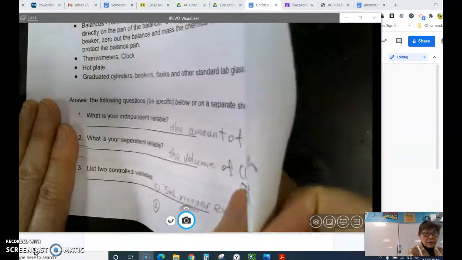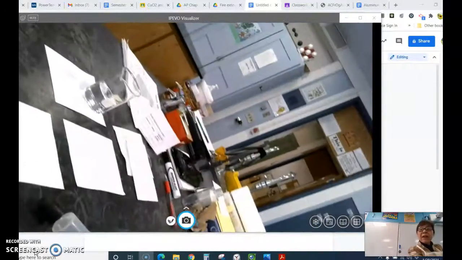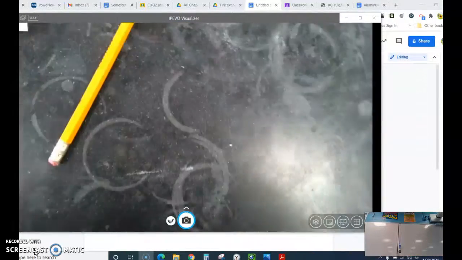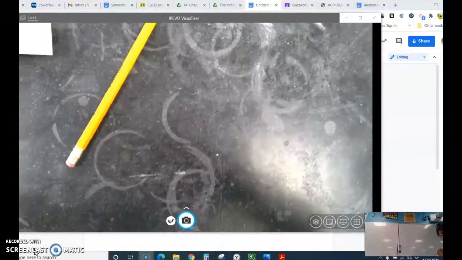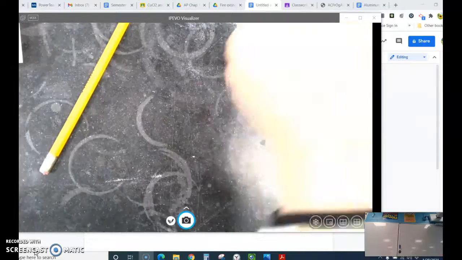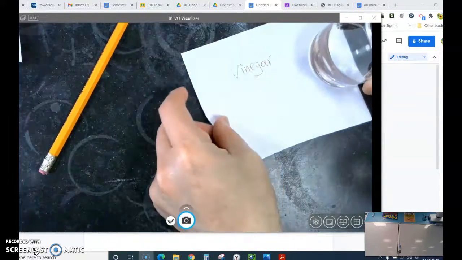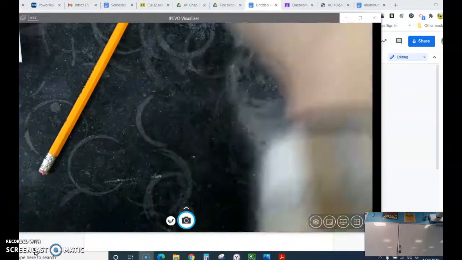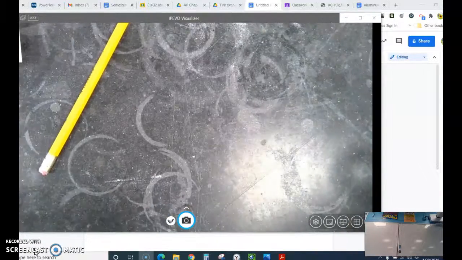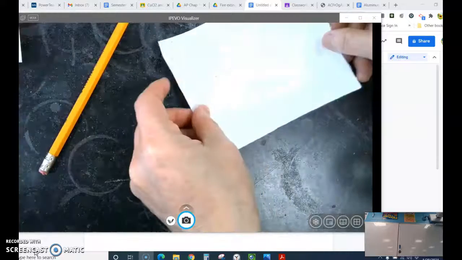Now I'm going to show you what the lab looks like. The teachers give you the vinegar. Those are the vinegar here, and then you have baking soda.